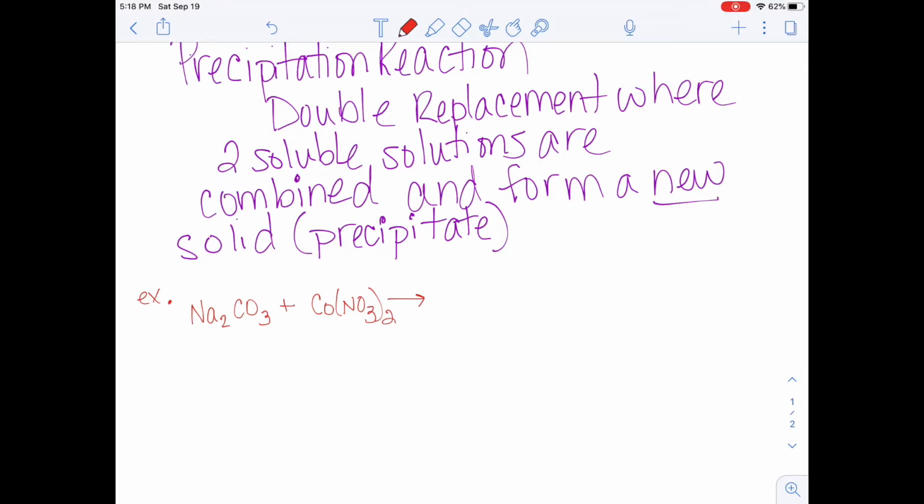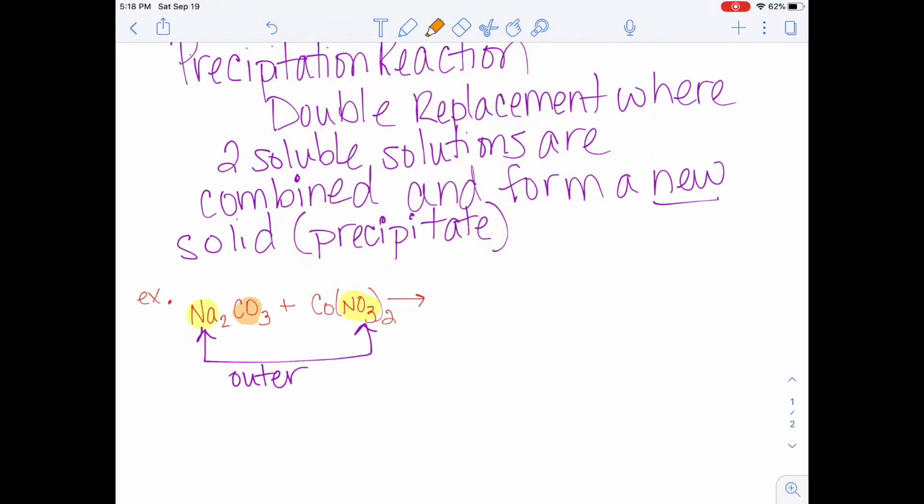In order to do that, we need to look at a double replacement reaction. Sodium carbonate and cobalt(II) nitrate are two compounds. So this is a double replacement reaction where they are going to switch partners. In order to switch partners, the outer elements are going to form a compound together. These are the outer elements.